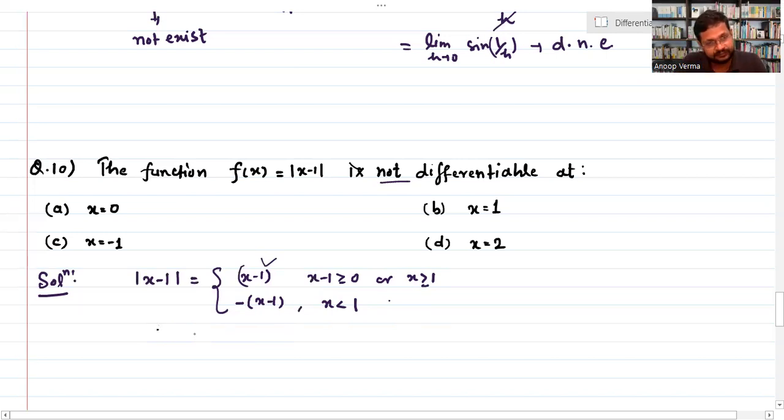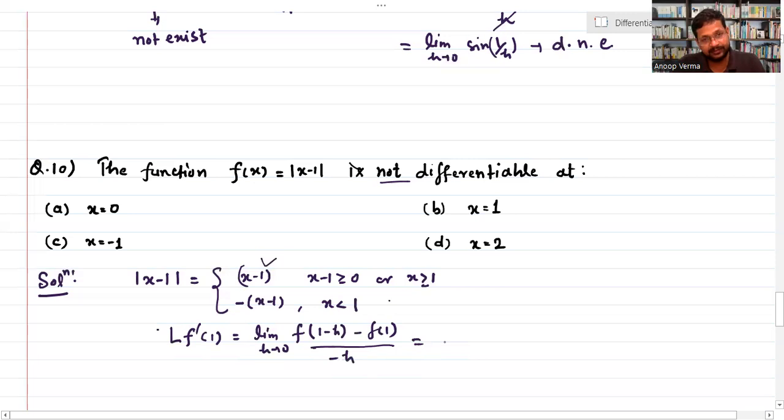Let's talk about the derivative. The left hand derivative at this point 1 is equal to limit h tending to 0, f of 1 minus h minus f of 1, divided by minus h. Here we put 1 minus h, and because we have the function for values less than 1, we take that function, which will be minus times (1 minus h minus 1). And f of 1, when x equals 1, the value of the function is 0.